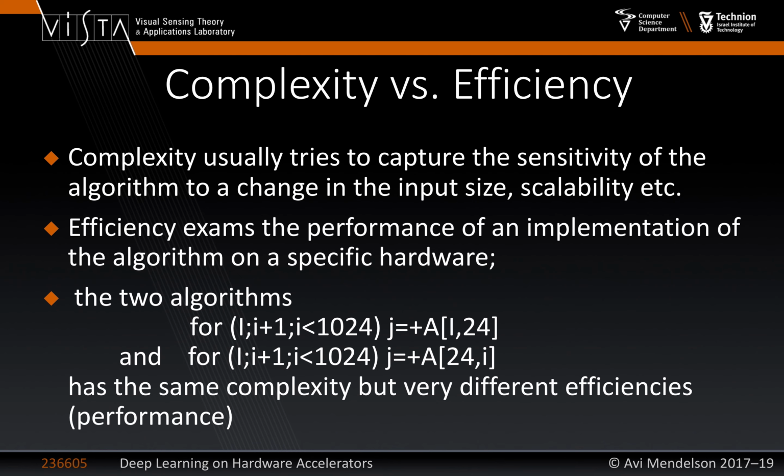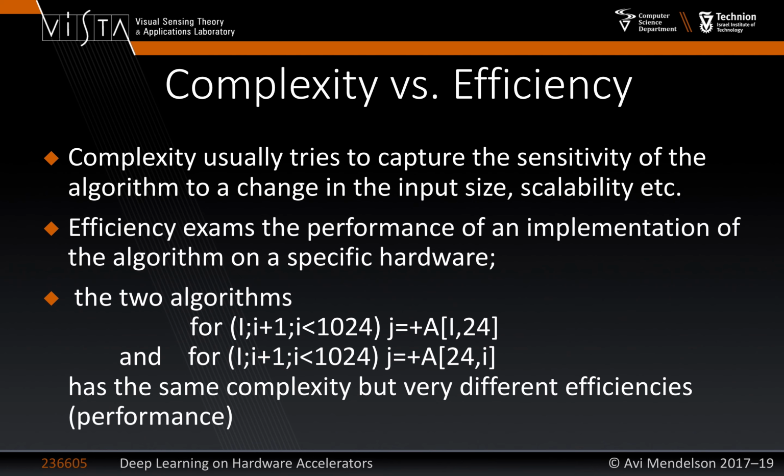If you say that it is O of n squared, it grows polynomially, or exponentially, etc. But when we talk about efficiency, we are talking about, if I want to implement this algorithm, how efficiently it runs. But this is totally different. For example, just two algorithms.